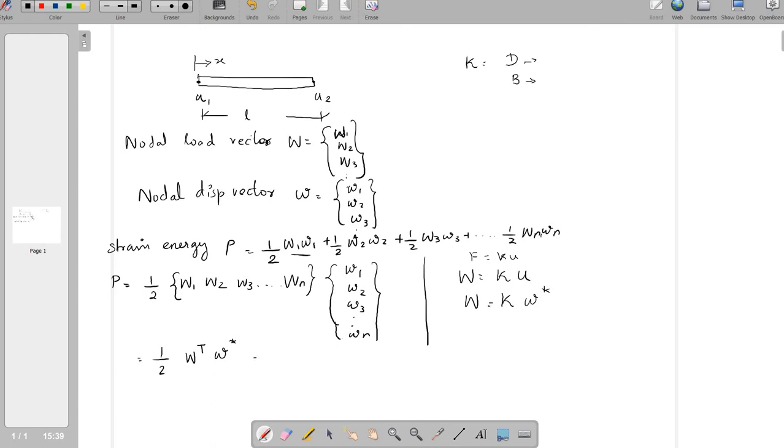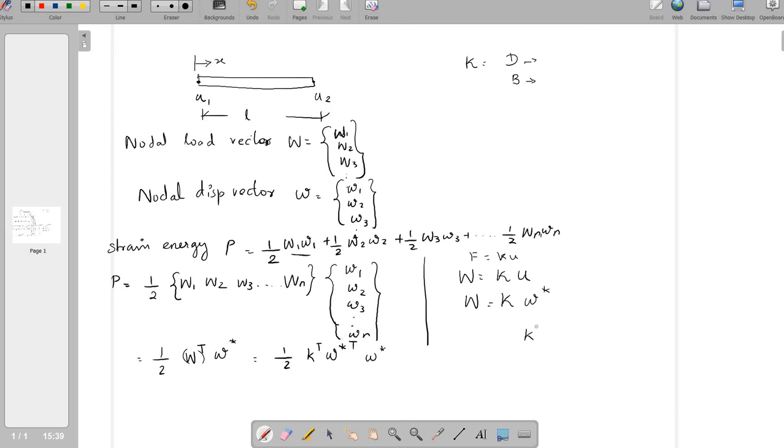So I am going to substitute here half into K transpose W star transpose and W star, because this load vector is with transpose component, so we have to put transpose for K as well as W star.